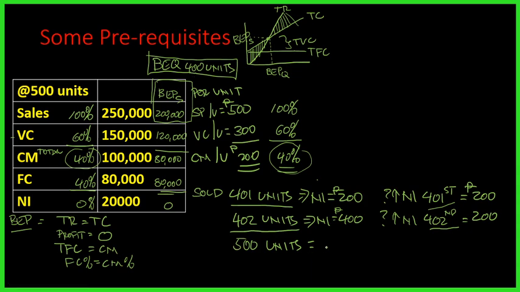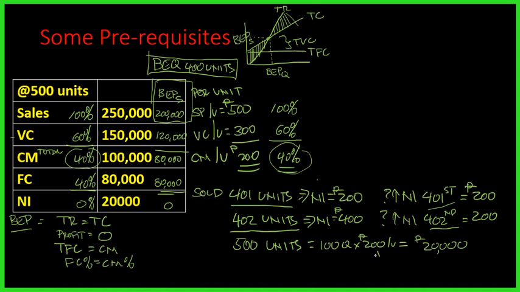So, you simply multiply 100 units times 200 pesos per unit, and you will have a net income of 20,000 pesos.